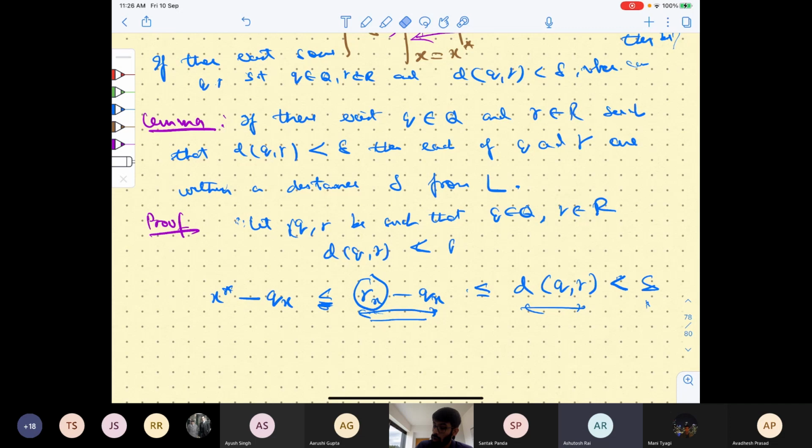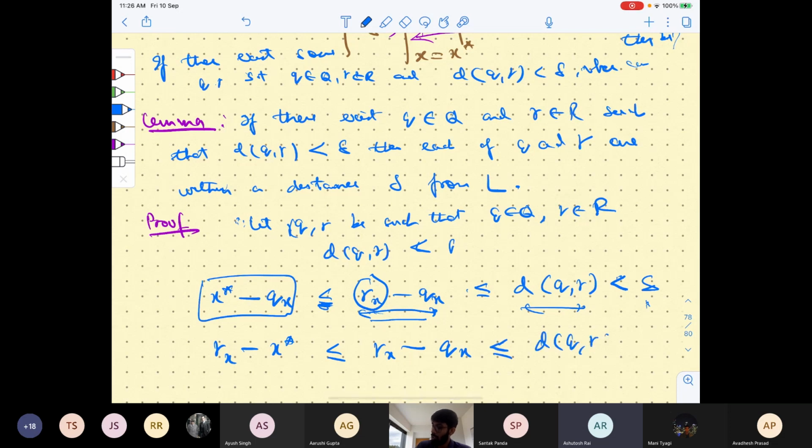So the difference between the x coordinate of Q and x star is at most delta. Similarly, Rx minus x star is less than or equal to Rx minus Qx, which is again at most d of QR.